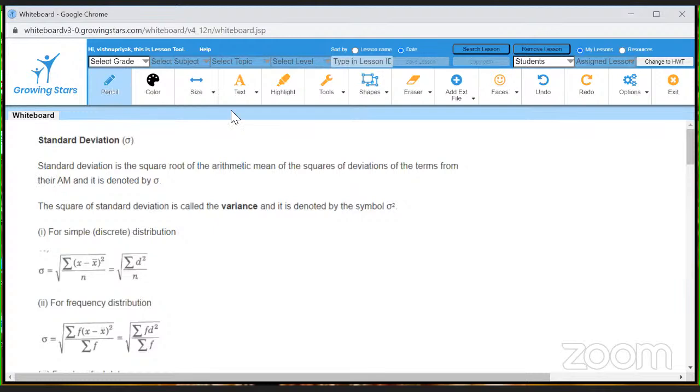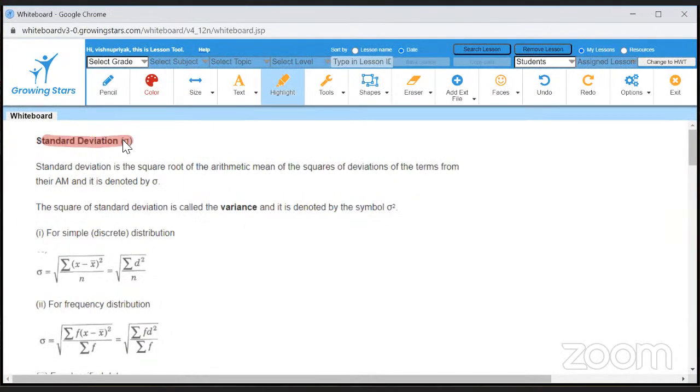What is this standard deviation? Standard deviation is denoted by sigma.